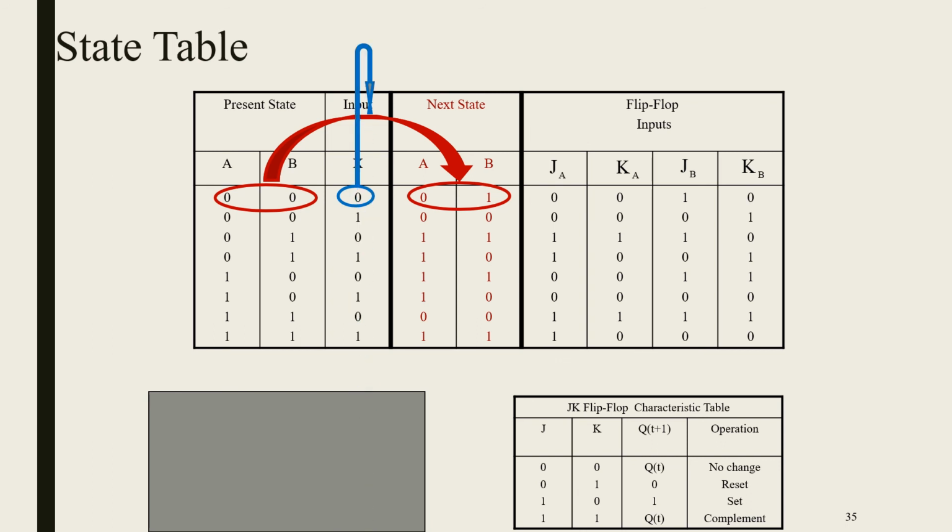We will have x equal to 0 over this arrow, or you can have JA equals 0, KA equals 0, JB equals 0, KB equals 0. So actually you can have a state diagram drawn like that. This is for the first row, then the second, until you finish all the states, and this is how you construct the state diagram from the state table. We're going to show you the state diagram in the next slide.